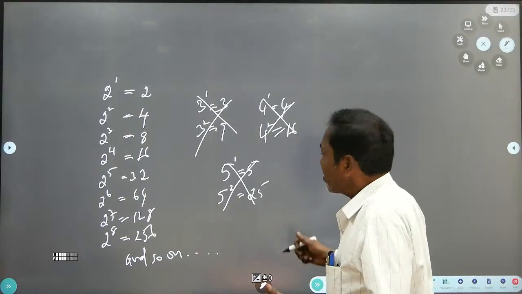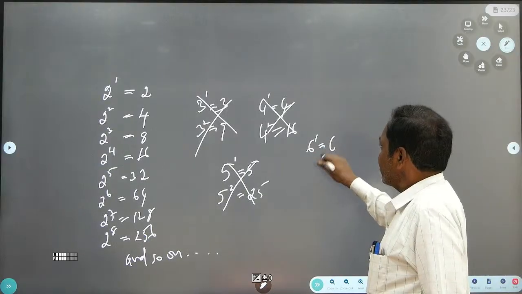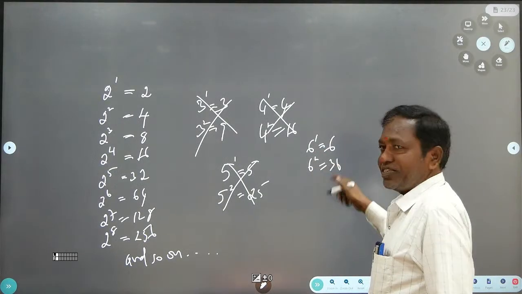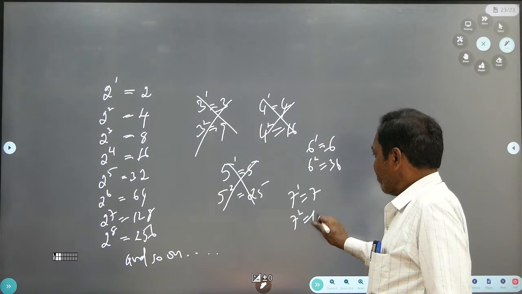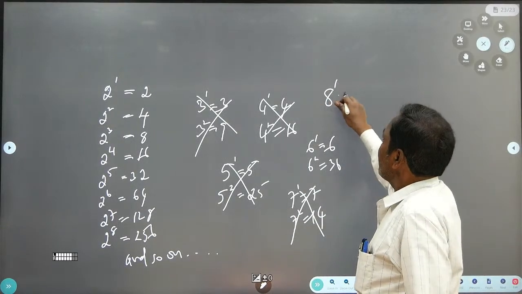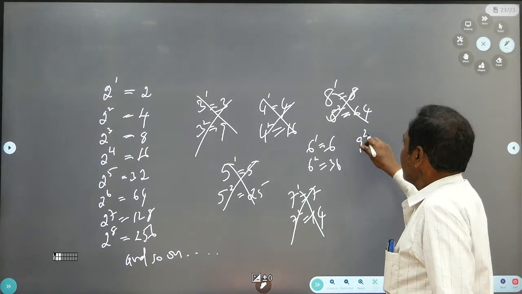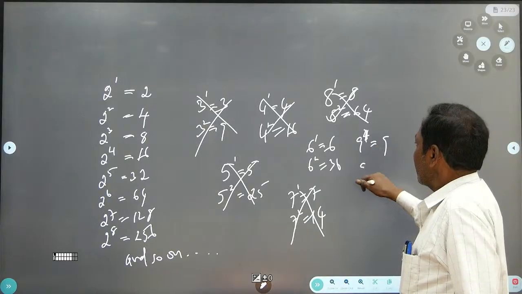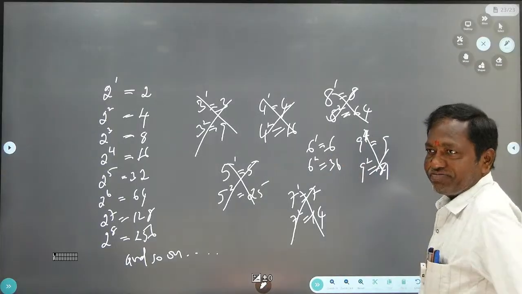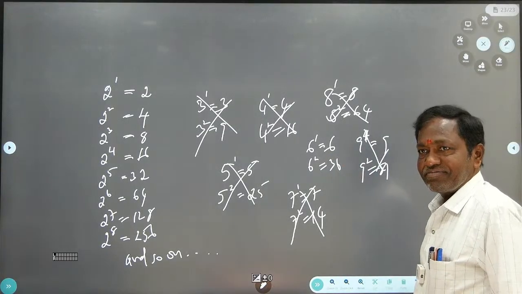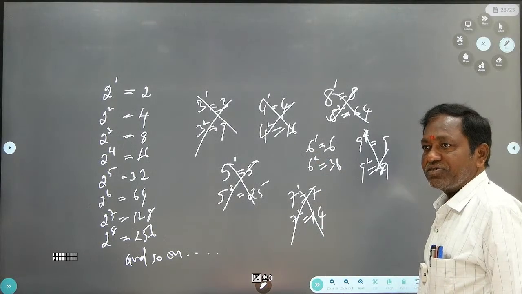It means it will not come for any other number except 2. 6 and 6 square, 36, is not doubling. 7 and 7 squared, 49, no. 8 and 8 to the power of 2, 64, again not a match. 9 and 9 square is 81, and it goes on. Only possible for 2, nothing else. This is called the uniqueness of 2.